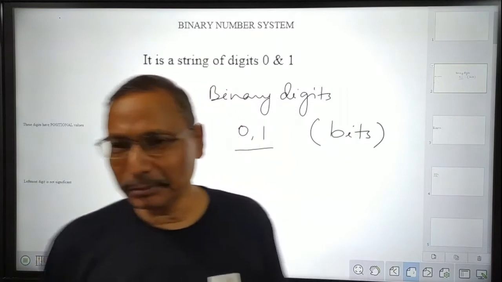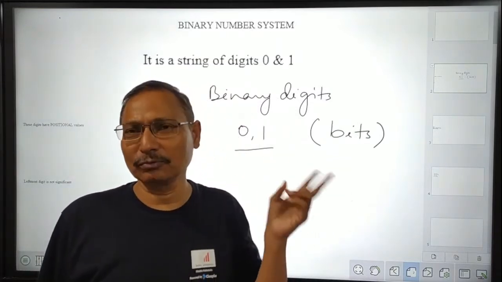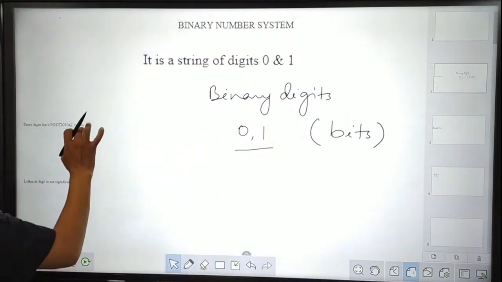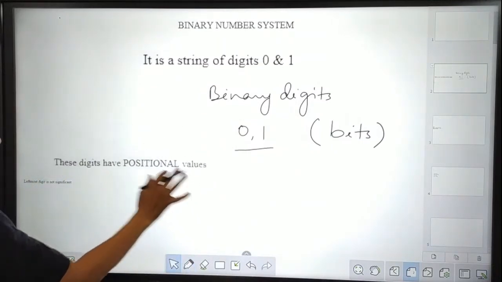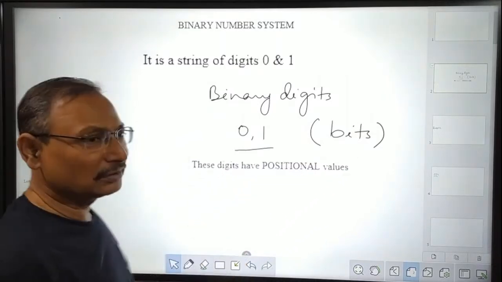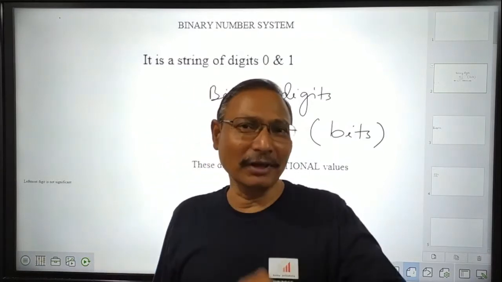In the beginning, we should understand two important facts related to binary numbers. Firstly, these numbers are very similar to decimal numbers in the context of positional value.